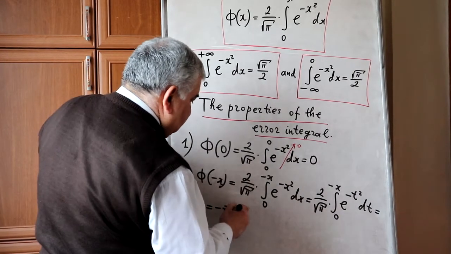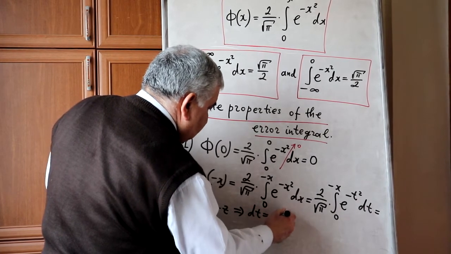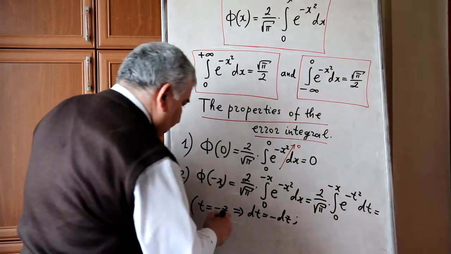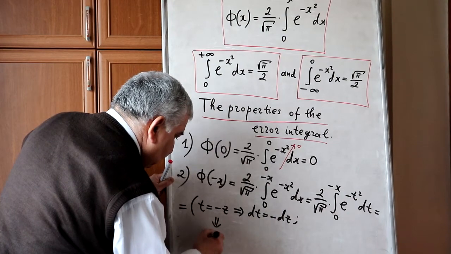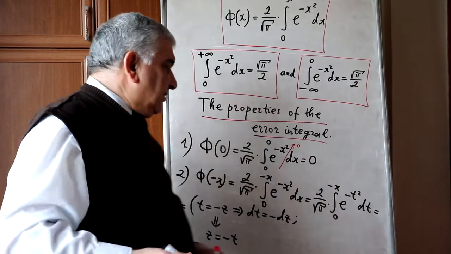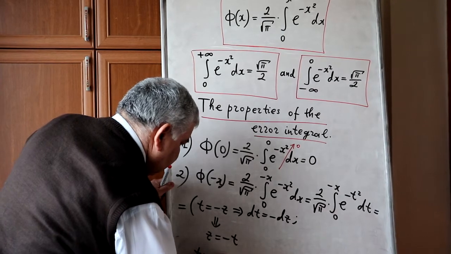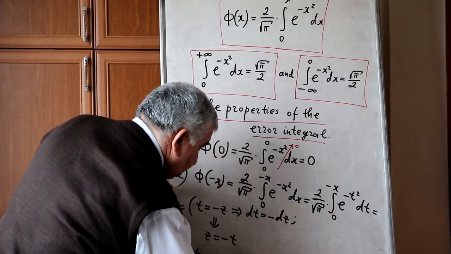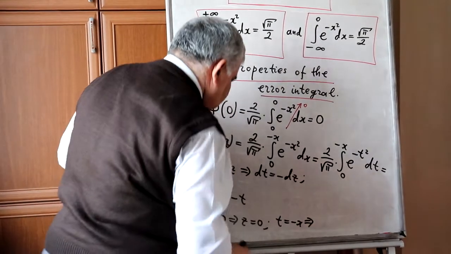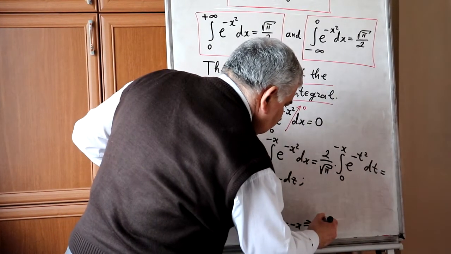Then dt is minus dz, and z is minus t. Now we must also change the integral limits. If t is 0, then z is also 0. And if t is minus x, then z is x.